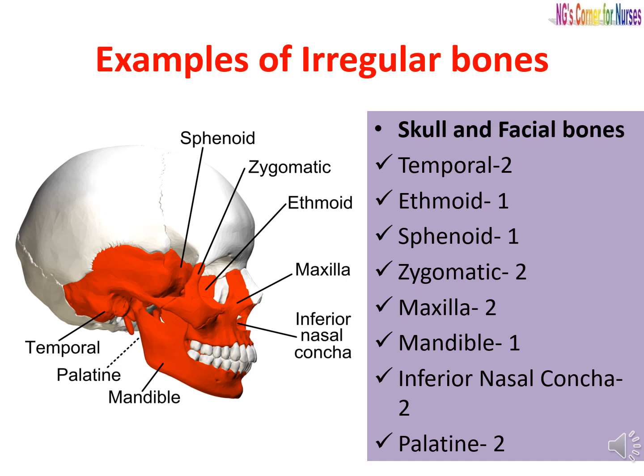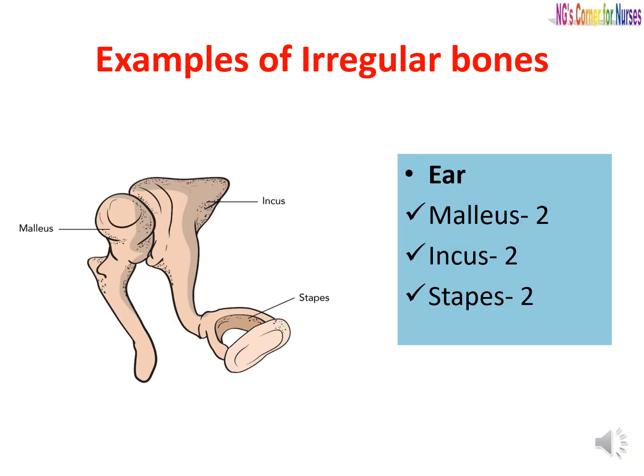Then skull and facial bones: temporal 2, ethmoid 1, sphenoid 1, zygomatic 2, maxilla 2, mandible 1, inferior nasal concha 2 and palatine 2. And the ear bones include malleus 2, incus 2 and stapes 2. So these are the 48 irregular bones in our body.